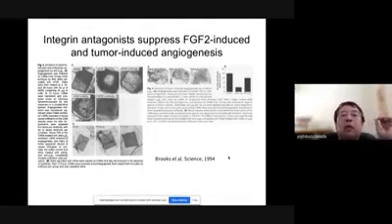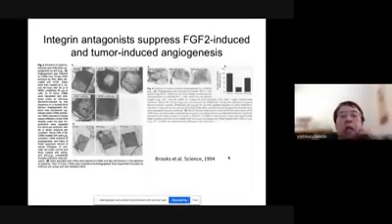When you add FGF to tissue culture, you can induce angiogenesis, new blood vessel formation, and that can be blocked by antibodies against integrins. This is the first evidence, published in 1994, that integrins are required for FGF signaling, or growth factor signaling. This is called growth factor integrin crosstalk.